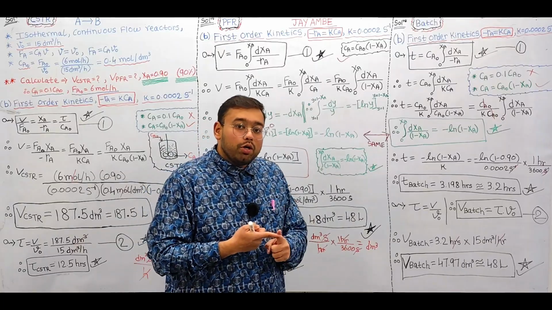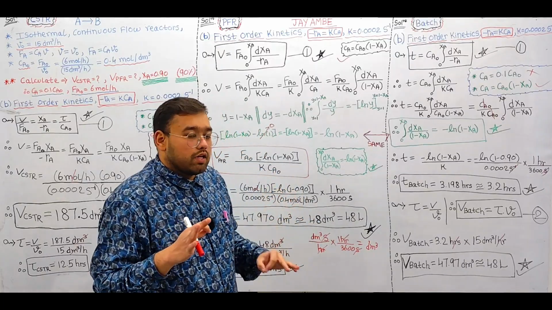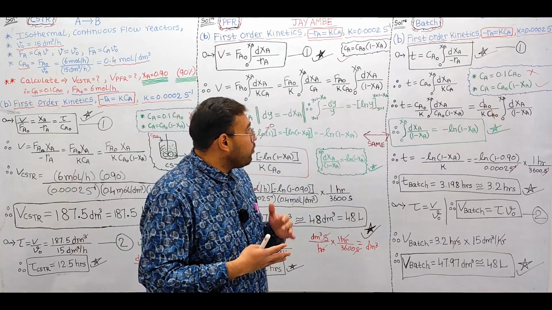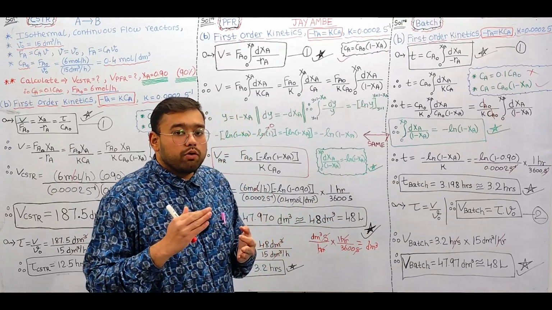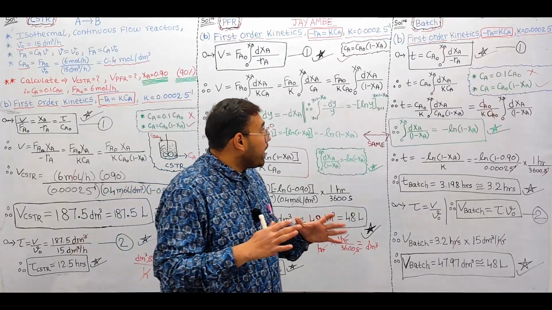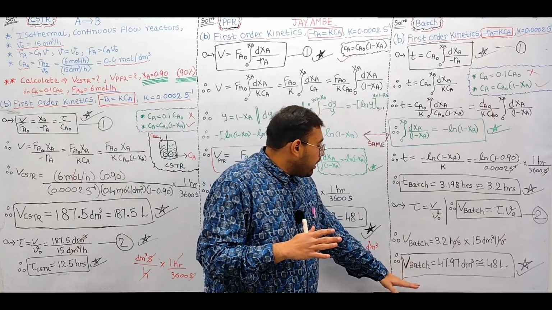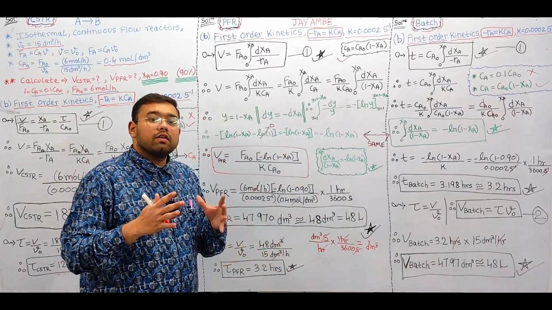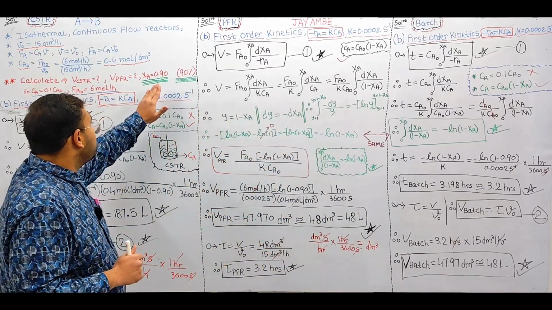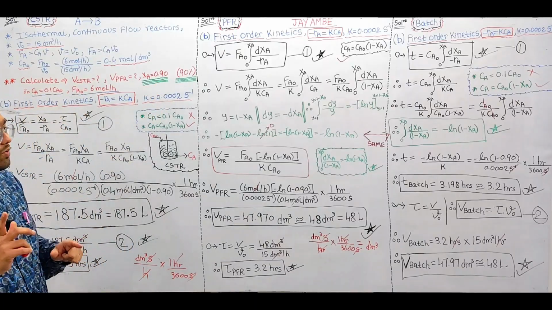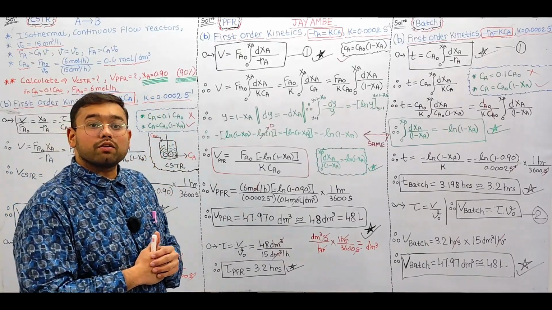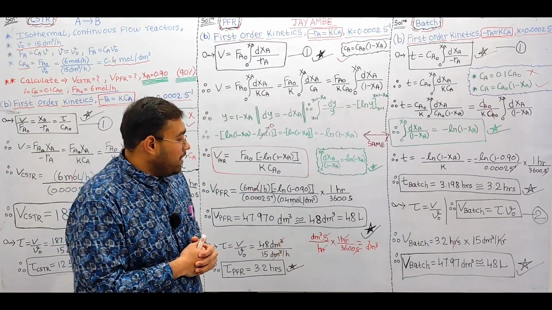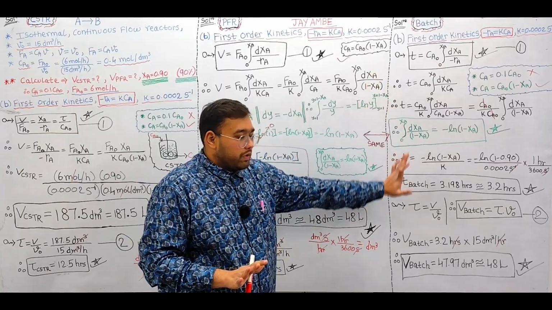Which means in order to achieve 90% conversion by having the first order reaction kinetics for the given rate law minus Ra is equal to Kca, by using the batch reactors we required 48 liters volume of batch reactor and 3.2 hours time, by designing the batch reactors, right? I hope up to here you have understood.